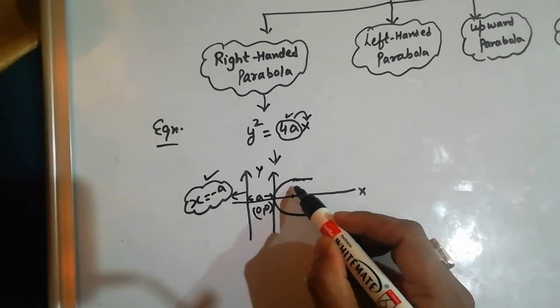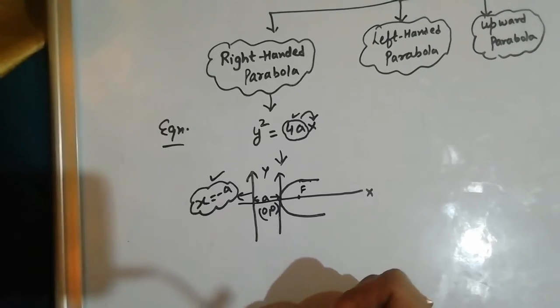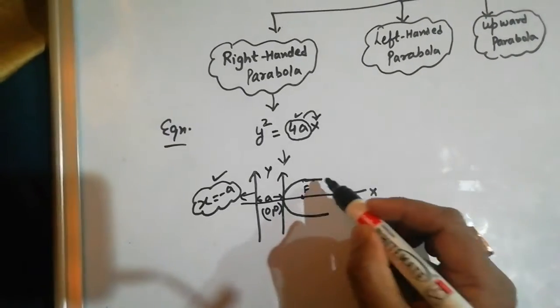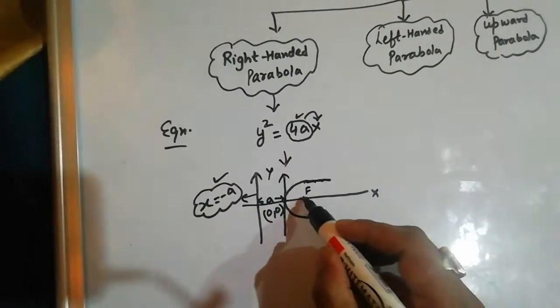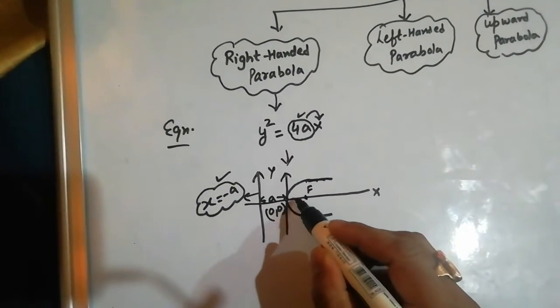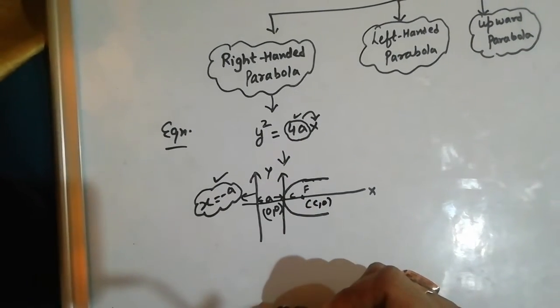It means the equation of the directrix for this parabola is x equal to minus a, and let this be your focus. Let this point be at a distance c, so here the coordinates are (c, 0).